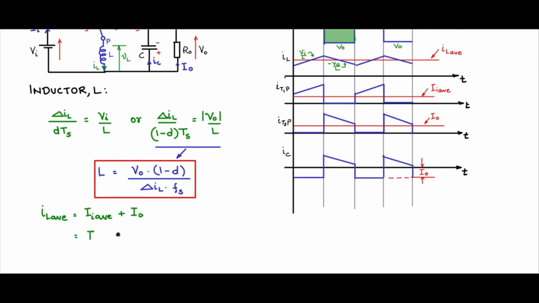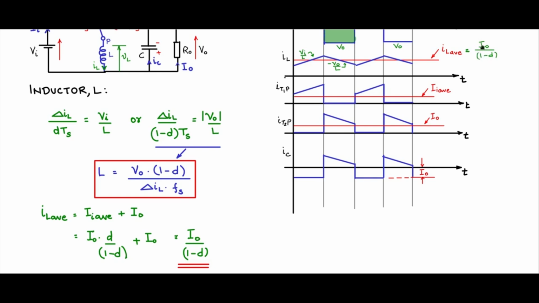II average from the input output current relationship we know is I naught into d by 1 minus d plus I naught, which works out to I naught by 1 minus d. So this is IL average, and therefore IL average is I naught by 1 minus d.